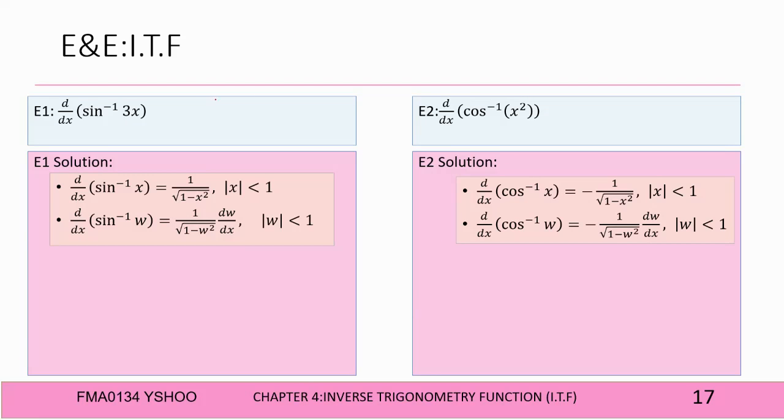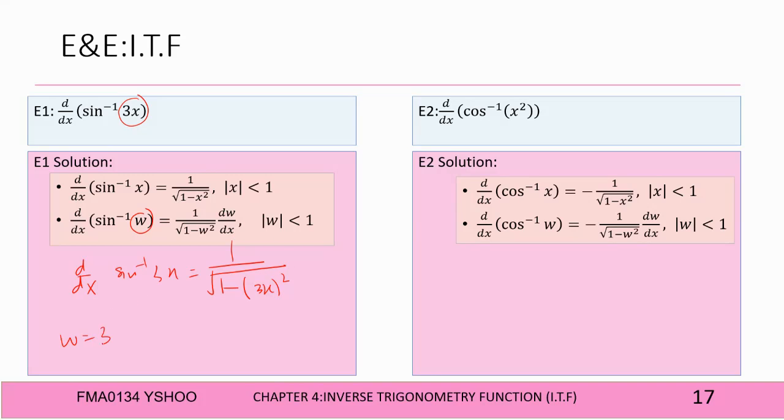So now let us look at our first differentiation, differentiate sine inverse 3x. If you want to differentiate sine inverse 3x, easy, we use this formula, this is w, so our w is 3x. So directly use that, 1 over square root 1 minus our w, 3x, squared, times dw dx.